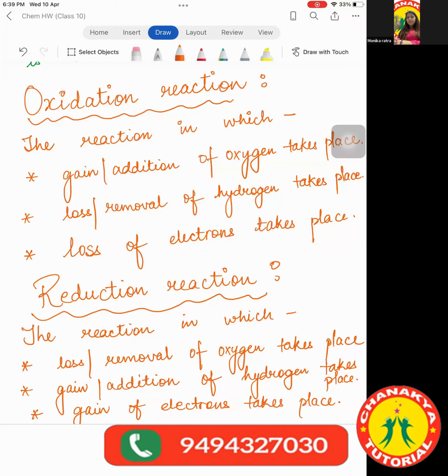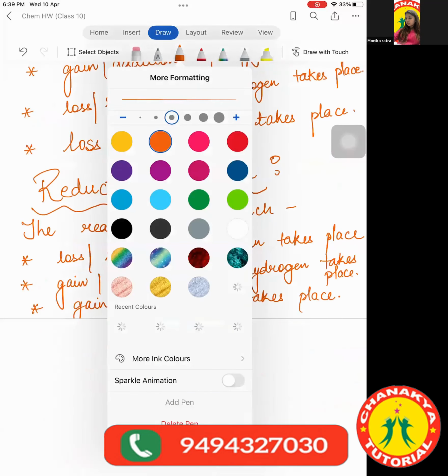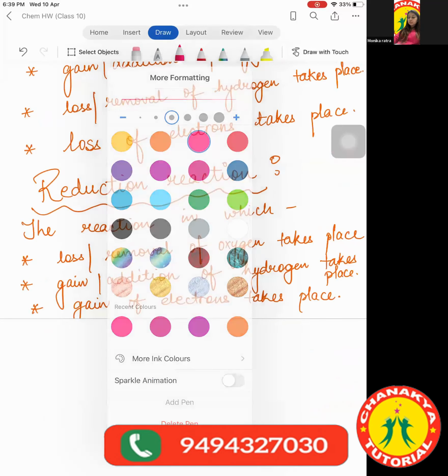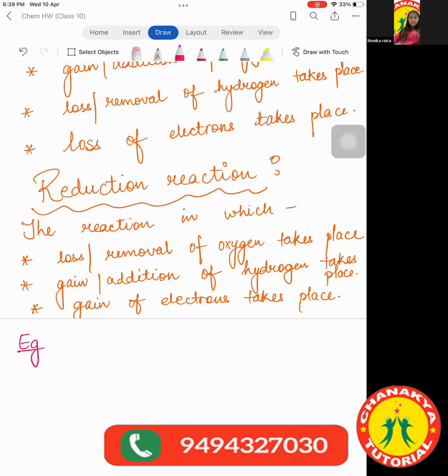I can move to the examples to show you where oxidation occurs, where reduction occurs, and when we call them a redox reaction. So let us take the first example. CuO plus hydrogen getting converted into Cu plus water.